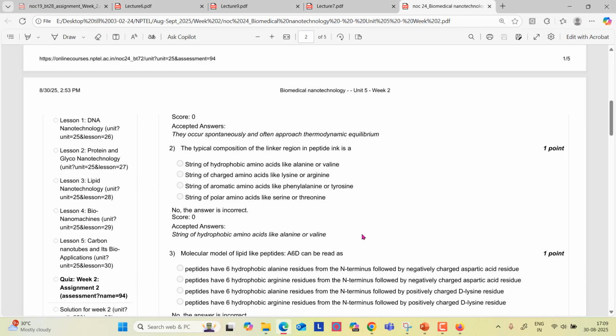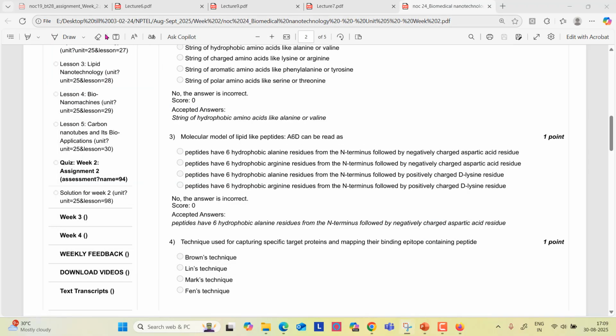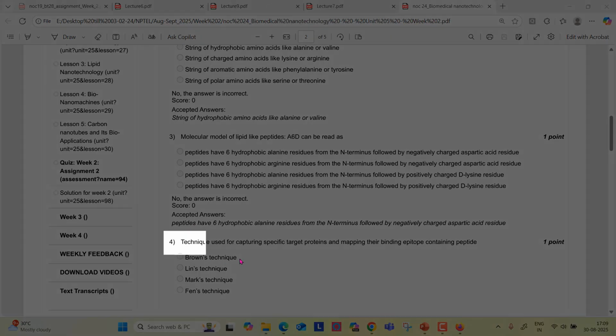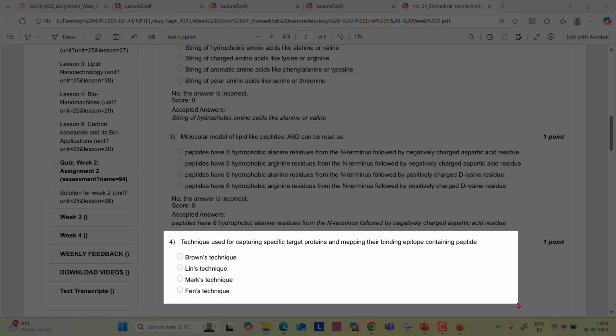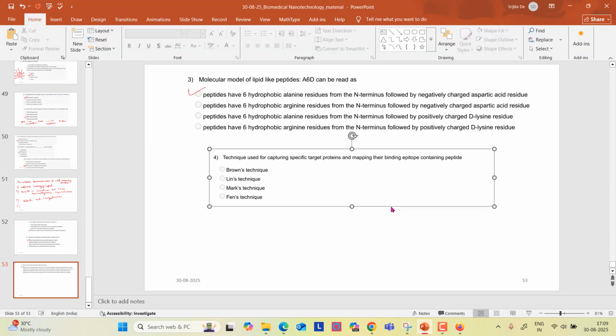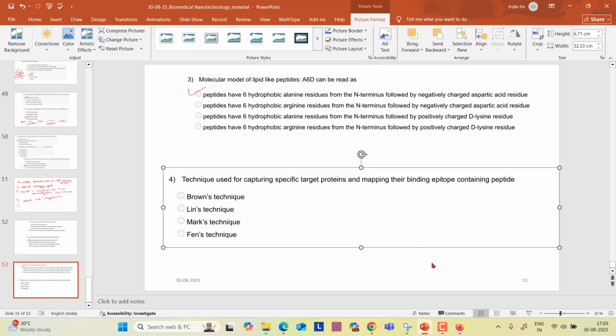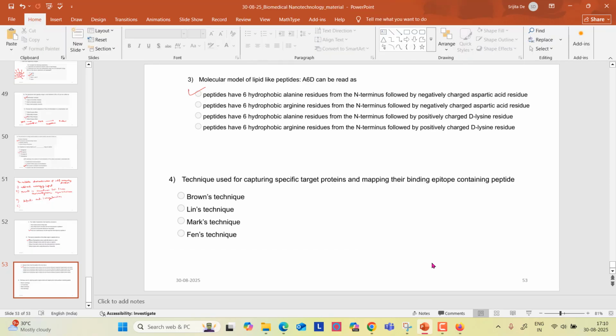Next, the technique used for capturing specific target proteins and mapping their binding epitope containing peptide is the Linz technique.